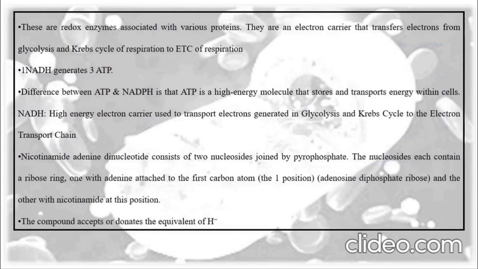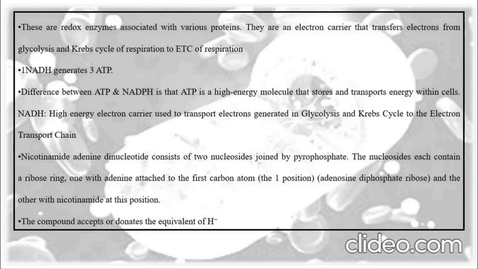These are the redox coenzymes associated with various proteins. They are electron carriers that transfer electrons from glycolysis and the Krebs cycle of respiration to the ETC of respiration. One NADH generates 3 ATP. The difference between ATP and NADH is that ATP is a high energy molecule that stores and transports energy within the cells.